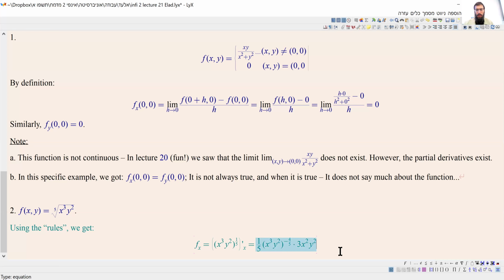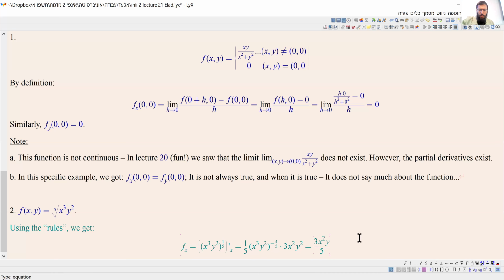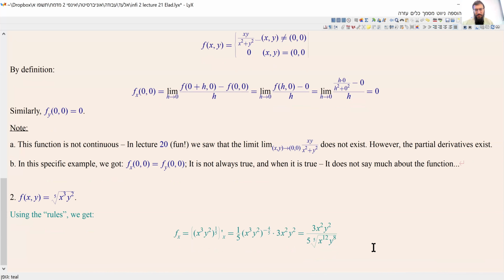On one hand, we have 3/5, and on the other hand, it is x squared y squared over the fifth root of x cubed to the power of 4, which is x^12, and y^8. Hopefully I'm not wrong.